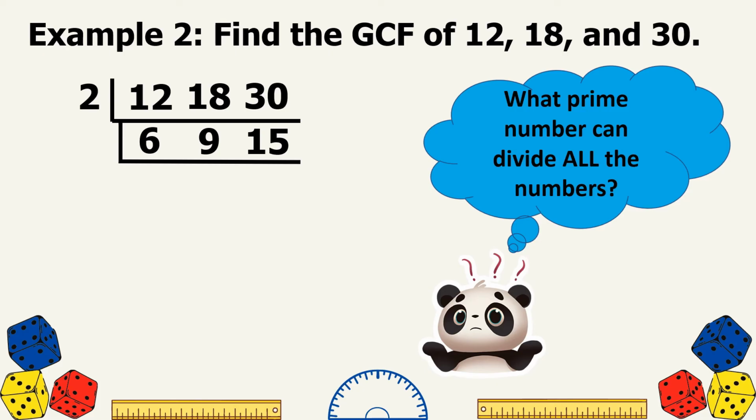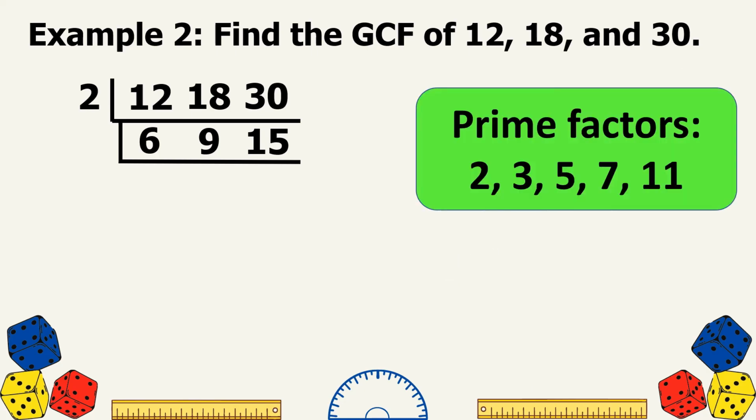So what prime number can divide all the numbers? Remember again, we can only continue with the process if all of the numbers can be divided exactly or without a remainder by a common prime factor or number. So let's see again from these 5 prime factors if any of them can divide all the remaining numbers. So 3 can divide exactly 6, 9, and 15.